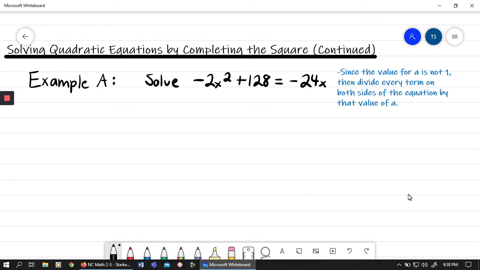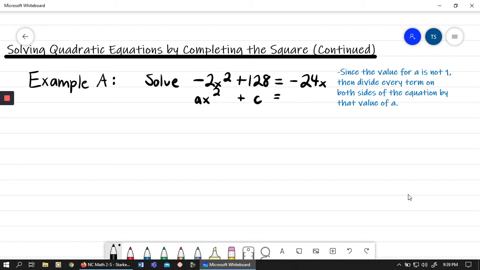So let's go ahead and do that. Hopefully you can tell exactly what the value of A is. Usually when an equation is in standard form, where all of the terms are on the same side and equal to 0, you can tell what A is. But right now this equation is not in standard form.